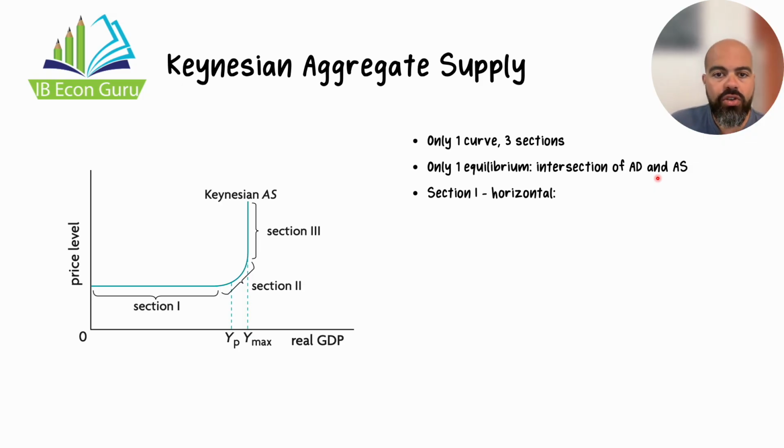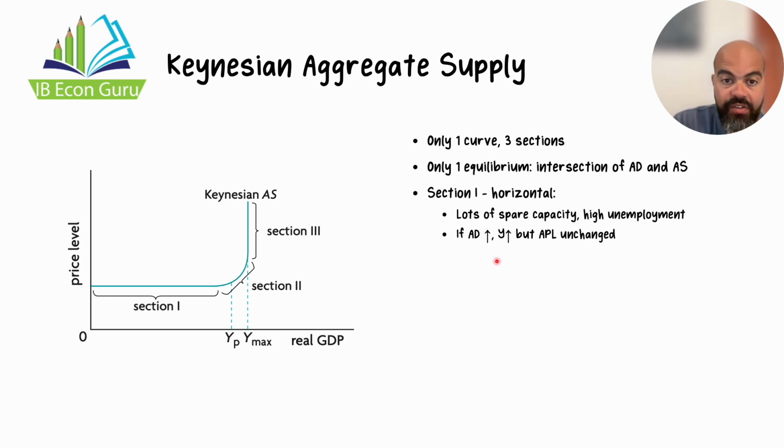So the horizontal section, section I right here. If the economy is operating on the horizontal section, that means there is lots of spare capacity, a lot of unemployed resources. There's high unemployment in the economy. So if AD increases along the horizontal section, Y, which is real GDP, can increase, but APL remains unchanged.